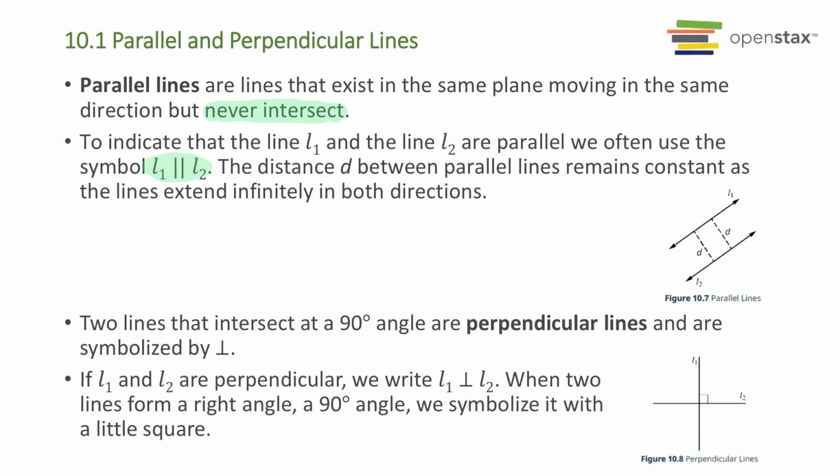And so on the flip side, we have perpendicular lines down here. Perpendicular lines do intersect at 90 degrees. That's the special part about perpendiculars, is that they intersect at a 90-degree angle. So here we can see in this picture that we've got line L1 and line L2, and they intersect at 90 degrees.